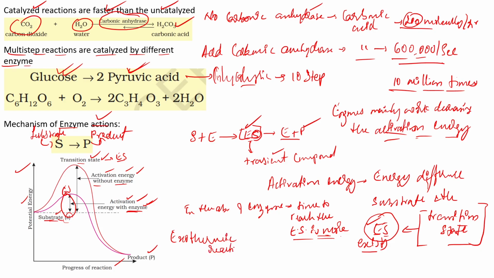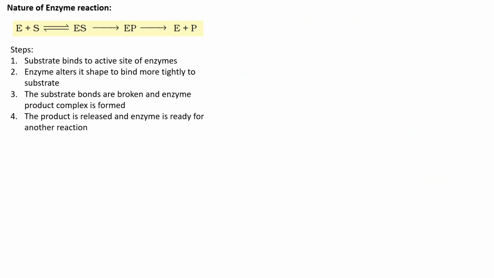If the product is lower than the substrate in the graph, we say these kinds of reactions are called exothermic reactions.